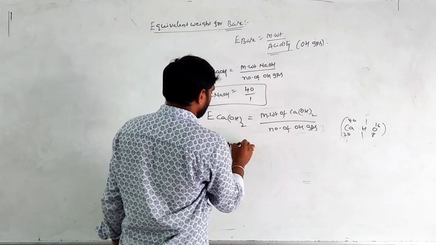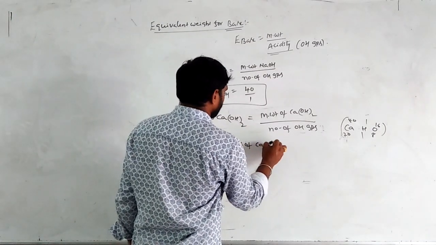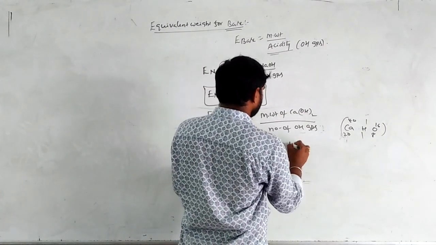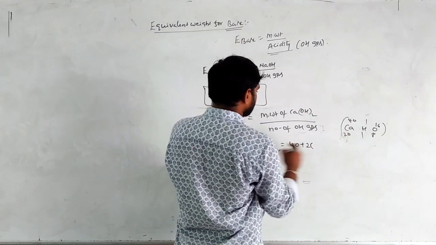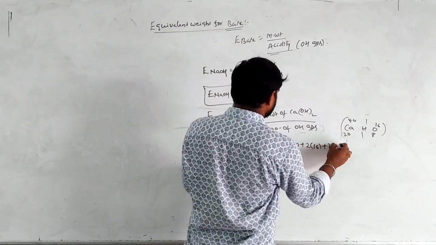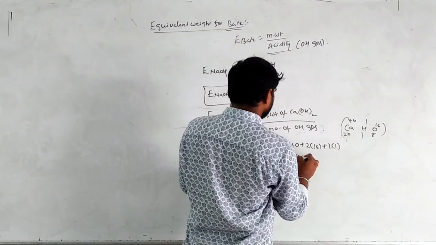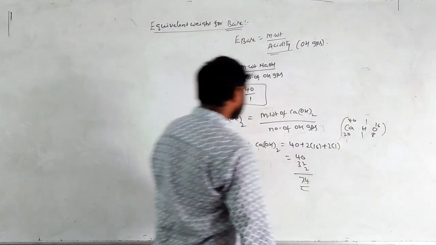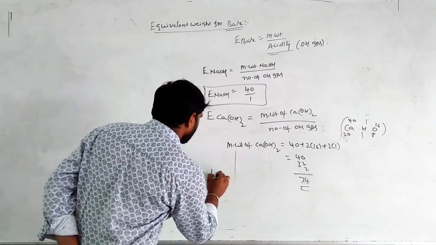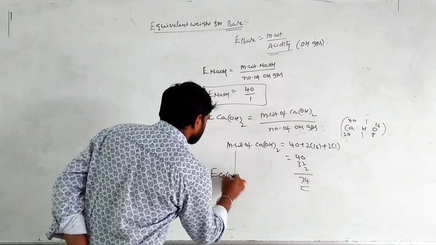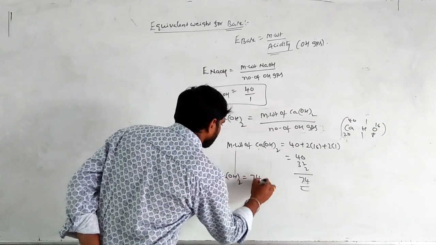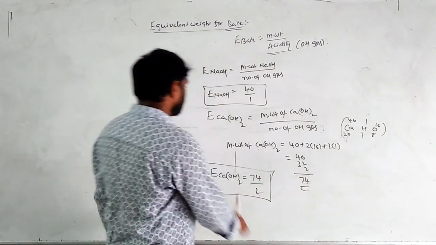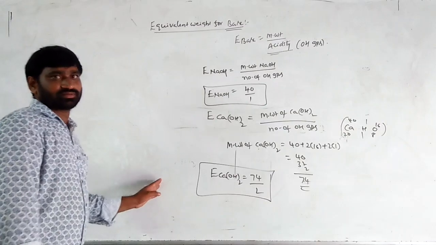So molecular weight of Ca(OH)2 equals calcium 40 plus 2 into oxygen 16, which is 32, plus 2 into hydrogen, 2. 40 plus 32 plus 2 is 74. So equivalent weight of Ca(OH)2 equals 74 by number of OH groups. This is the equivalent weight for Ca(OH)2.